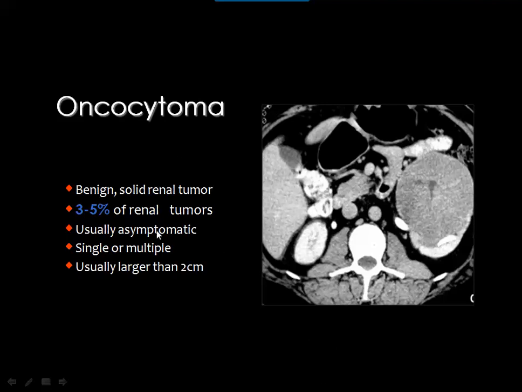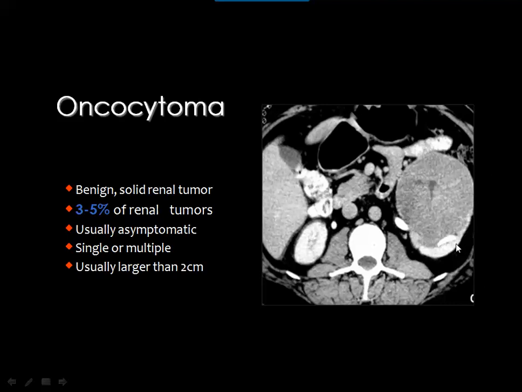The oncocytoma is a benign solid tumor, and it represents about 3 to 5% of the renal tumors, and usually is asymptomatic. Sometimes this tumor is multiple, and many times the tumor is very large, and it may appear as a bulky mass in the kidney, as you can see in this example.